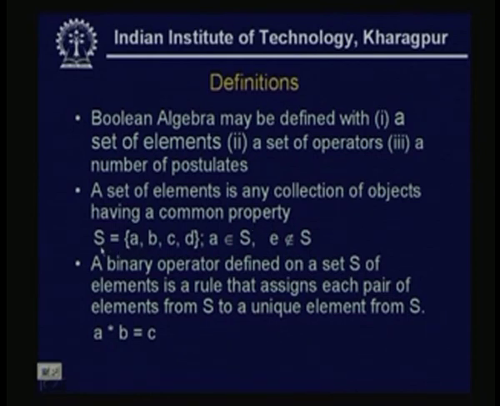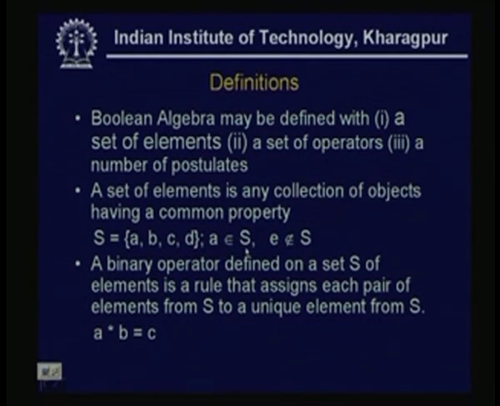Say S is a set, and A, B, C, D are some variables. Later we will see what type of variables these are, and these A, B, C, D we are calling elements.